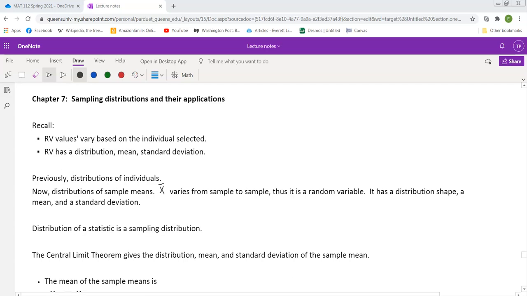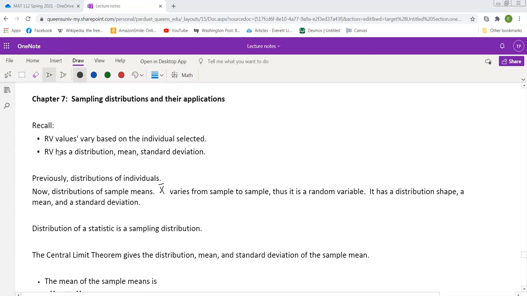All right, so let's start by reviewing a couple of things about random variables. First of all, random variables have values that differ based on the particular element, particular person, or whatever it is that the population is composed of, based on a particular one of those that is selected. And we said every random variable has a distribution, and we've looked at the normal distribution and some discrete distributions.